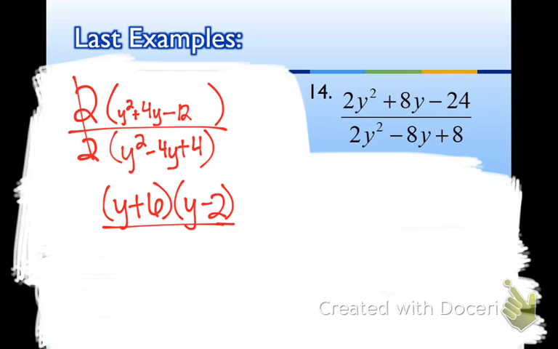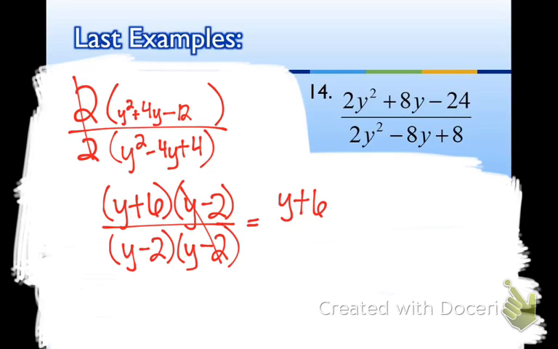The answer is yes. So what will it factor into? Good. Y minus 2, y minus 2. Now what cancels out? A set of y minus 2's from top and bottom. And we are left with y plus 6 over y minus 2.